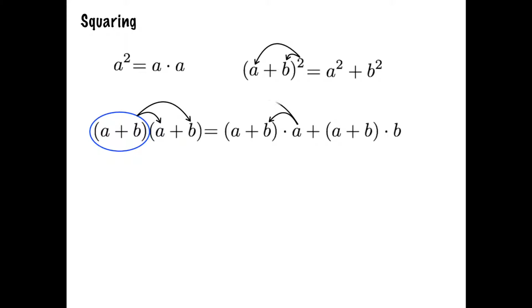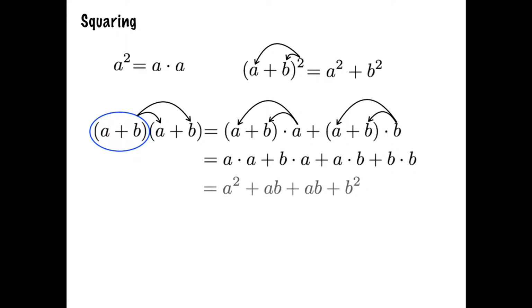We need to distribute that a across these parentheses. Now we're going to have this mess, but it's not so bad. If we simplify, we get a squared plus ab plus b squared, and one more step gives us a squared plus 2ab plus b squared. This looks similar to what we did up above, but we have that middle term, the 2ab.